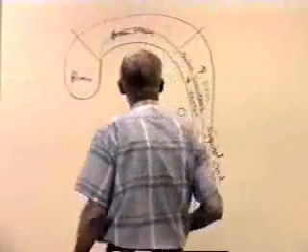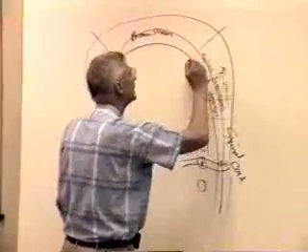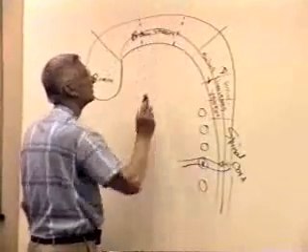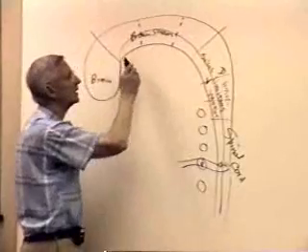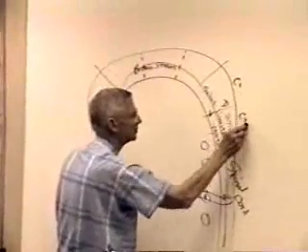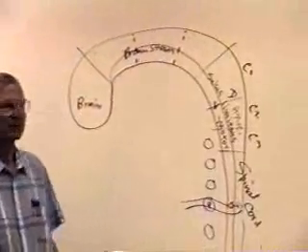And these segments in the spinal cord give us C1, C2, C3, and so on down to the coccygeal segments.